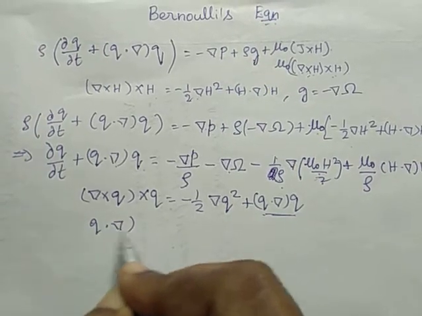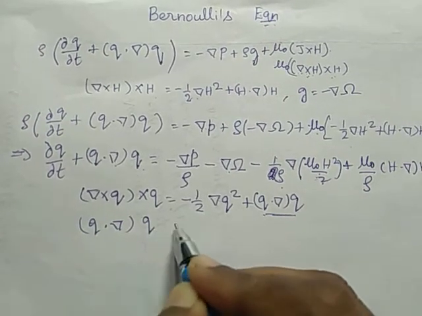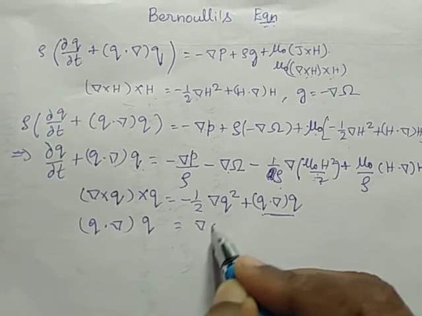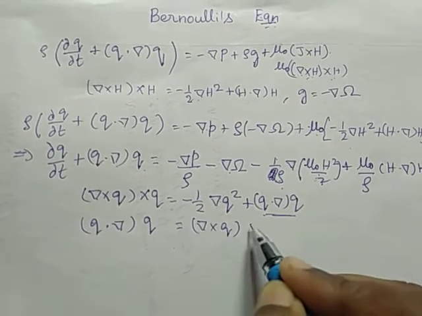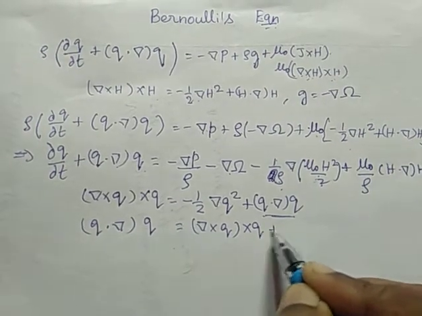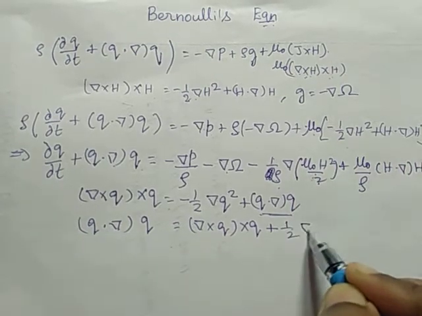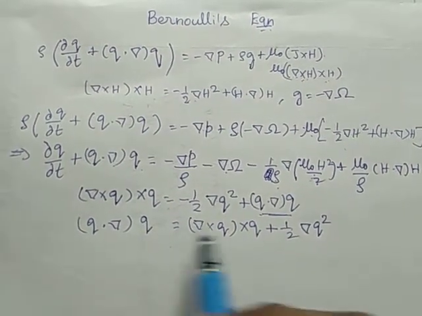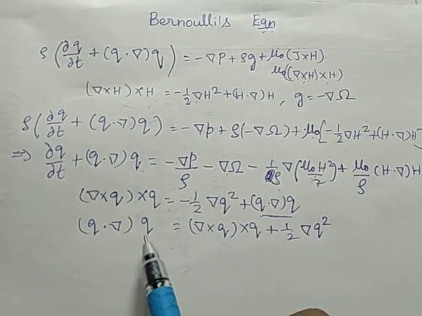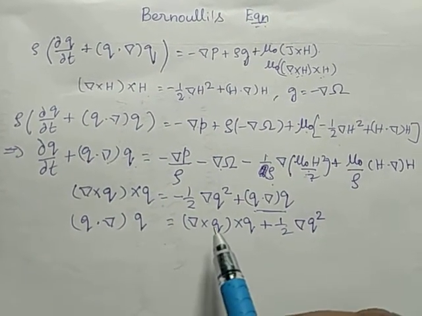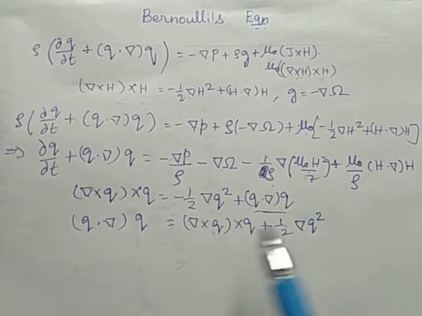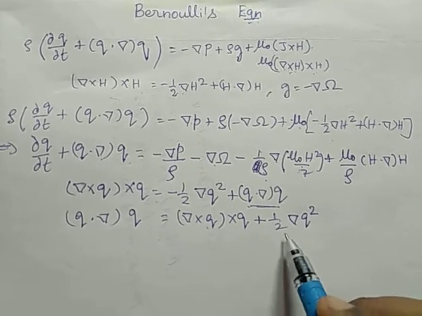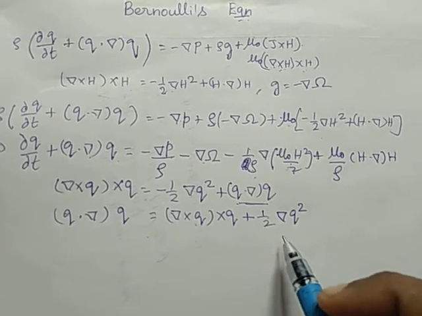Q dot del q is equal to del cross q plus half of del q square. Correct? Q dot del q is equal to del cross q plus half of del q square.